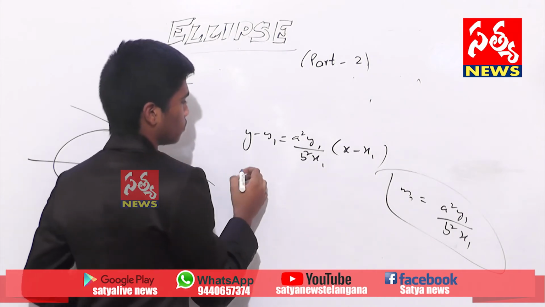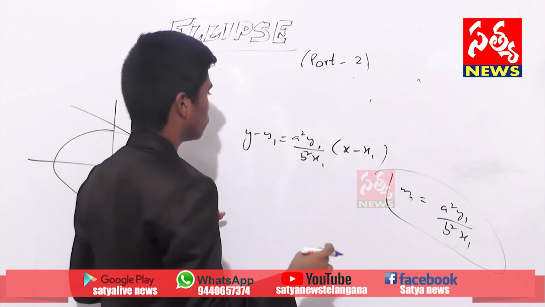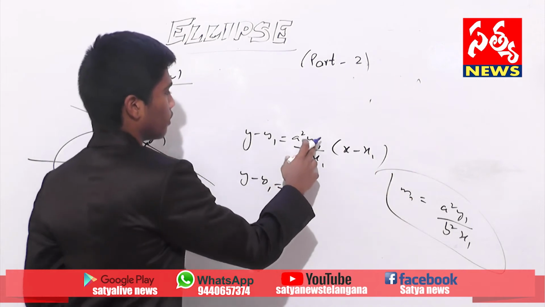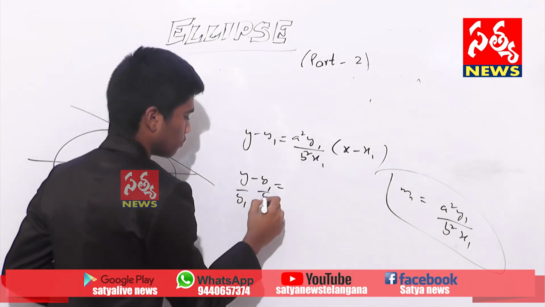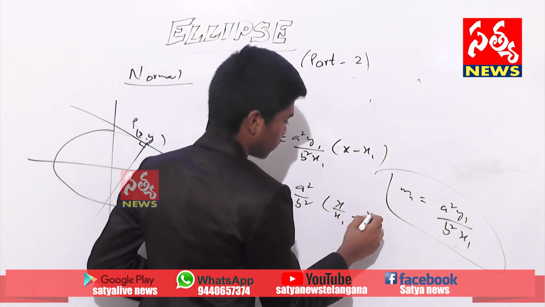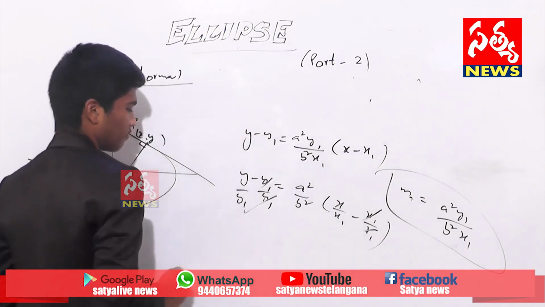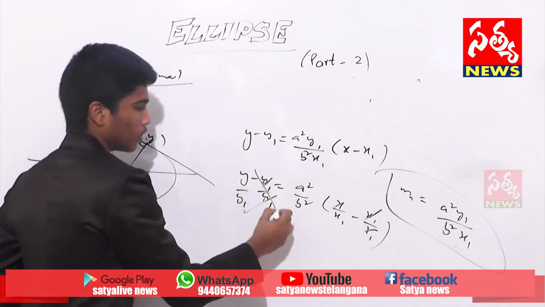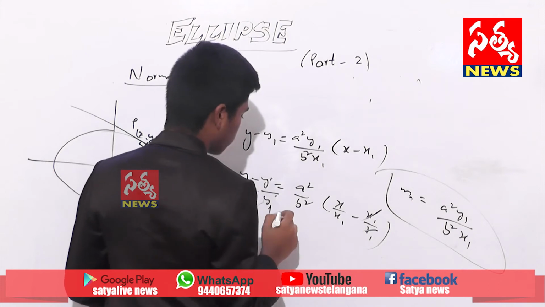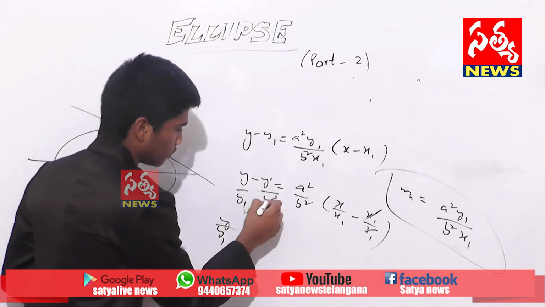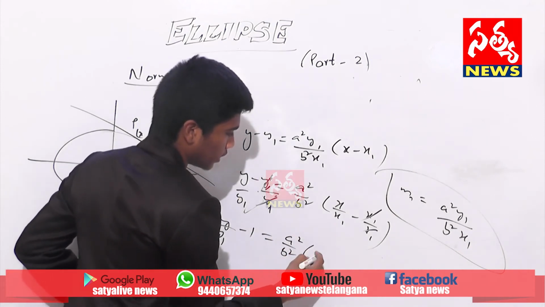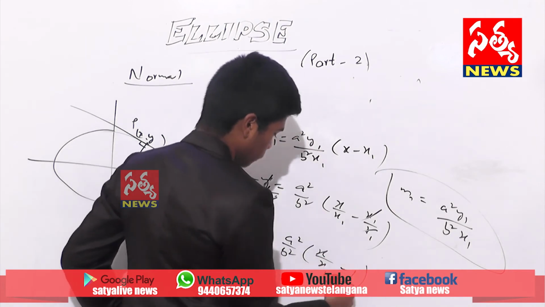Now y - y1 = (a² y1 / (b² x1))(x - x1). We can take y1 to the left side, so the y1 cancels on the right, and we get y / y1 - 1 = (a² / b²)(x / x1 - 1).